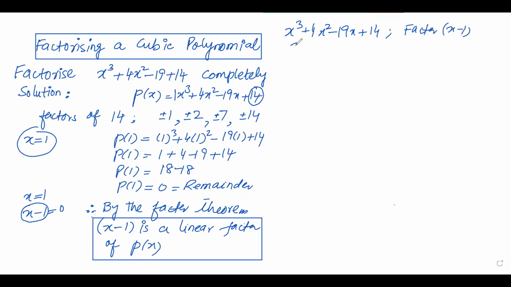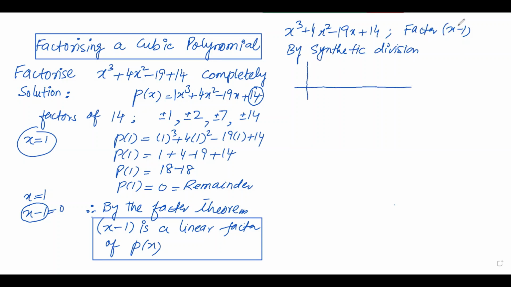So you can apply the synthetic division to find the other factor, which is the quadratic factor. You can apply the long division, but synthetic division can give you the other factor quickly.